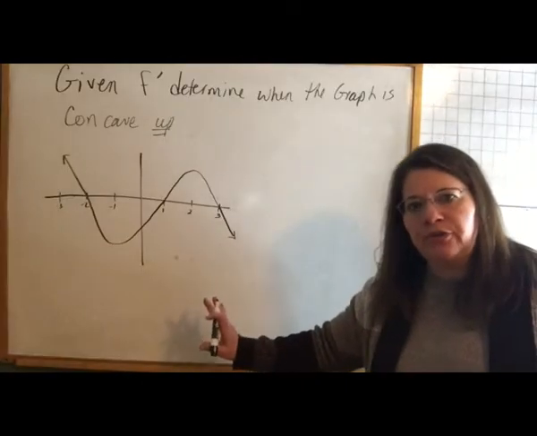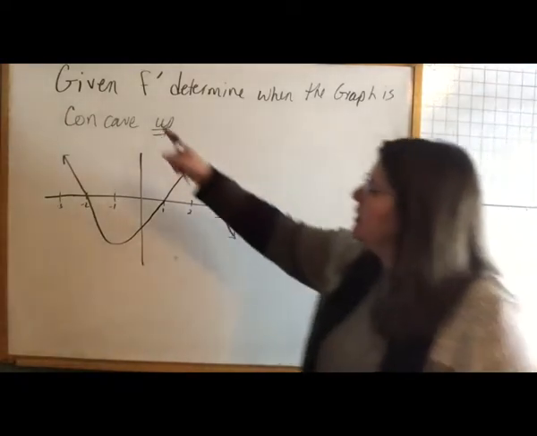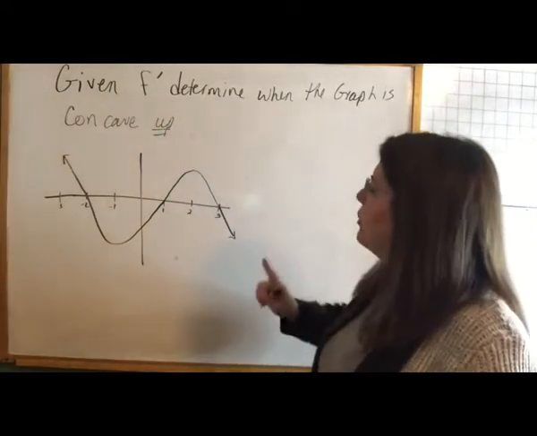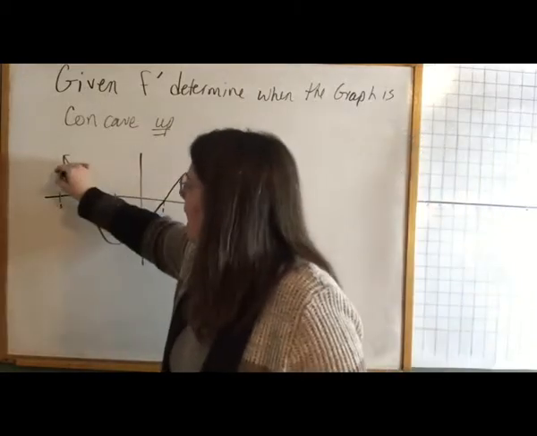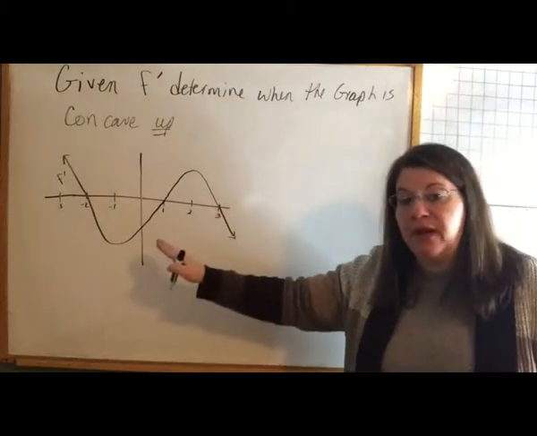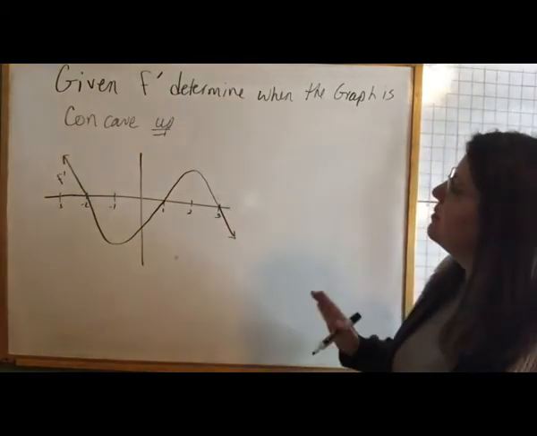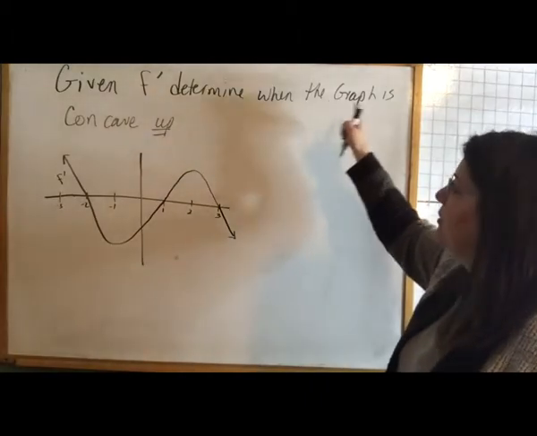Okay, here's another example of what they might ask us to do in this section. Here they've given us f prime. So this is a graph of f prime. This is a graph of the derivatives of the f function, okay? And it says to determine when the graph is concave up.